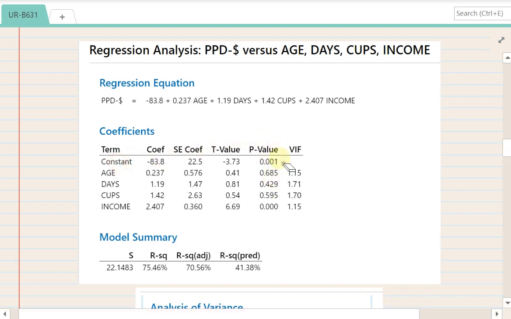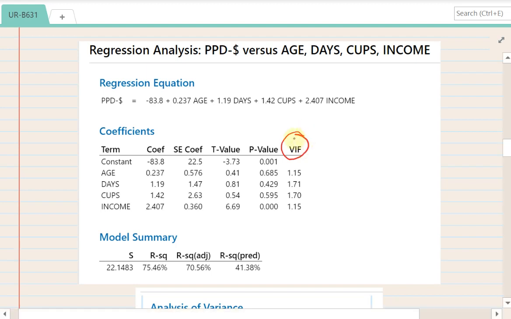Now, the other thing that's in here, I'll explain this in greater detail down below. The VIF here, I just want to mention this because it's there. This VIF is an acronym for Variance Inflation Factor.